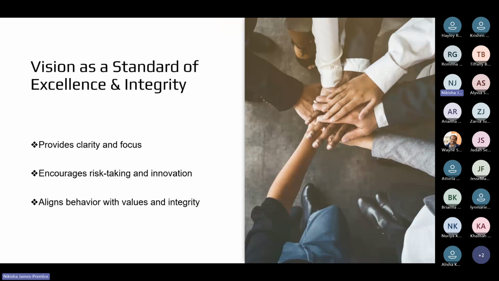Vision as a standard of excellence and integrity. Daft indicates that vision serves as both a focus and a moral compass. He compares vision to a focus button on a camera because it brings clarity to complex, changing environments. Thus, when employees understand how their efforts contribute to the larger purpose, motivation increases.